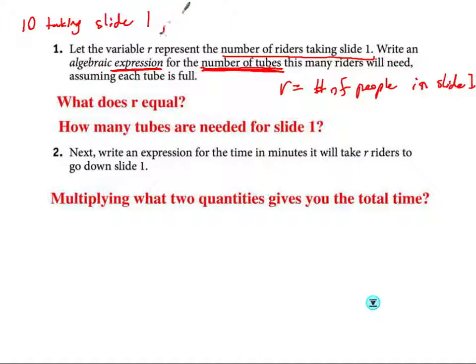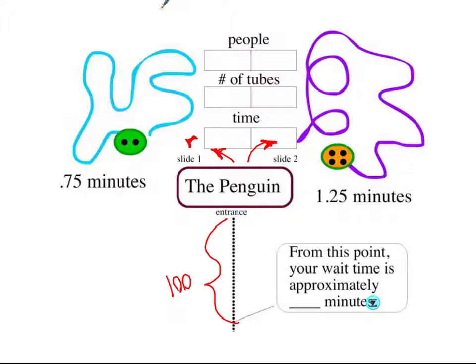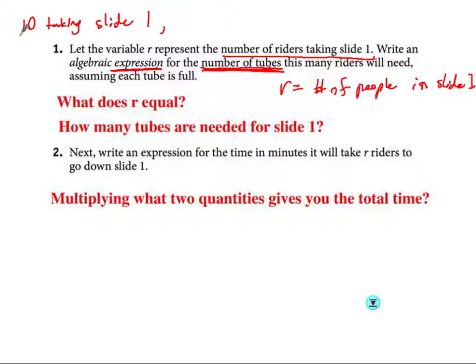How many tubes do you need for those 10 people to go down slide 1? Well, remember, slide 1 has a tube that can hold a maximum of 2 people. So if each tube holds a maximum of 2 people, I basically have to take 10 divided by 2, and that's going to give me the number of tubes that I need. So 10 divided by 2 gives me 5 tubes that I need.